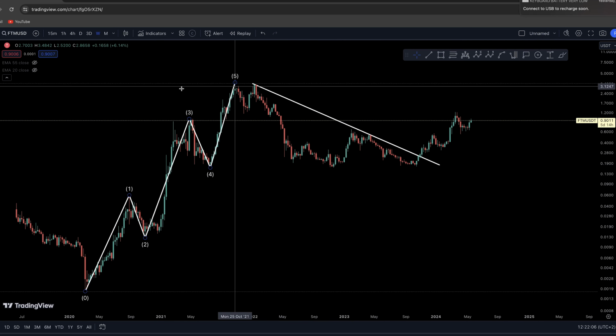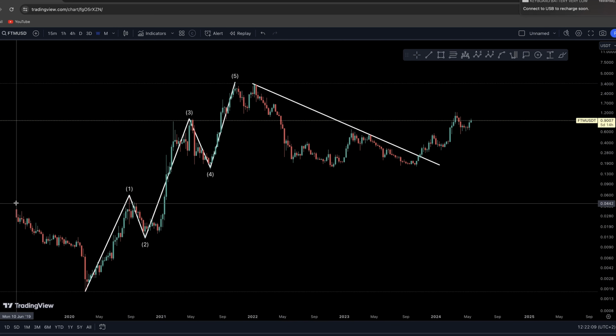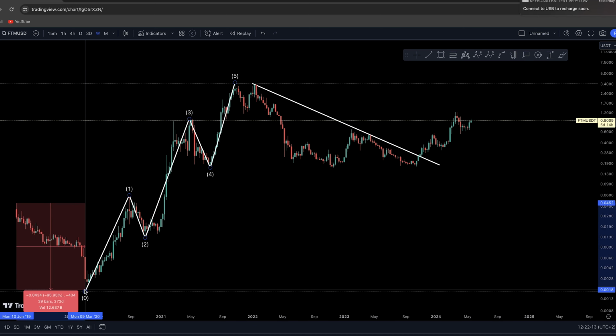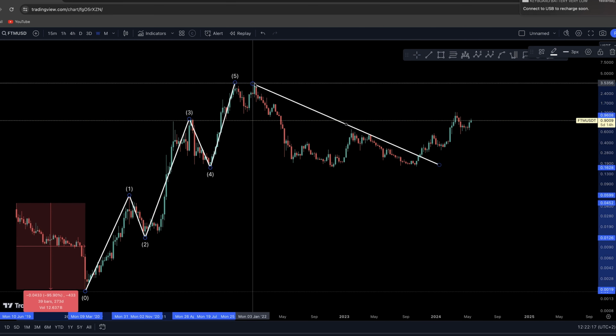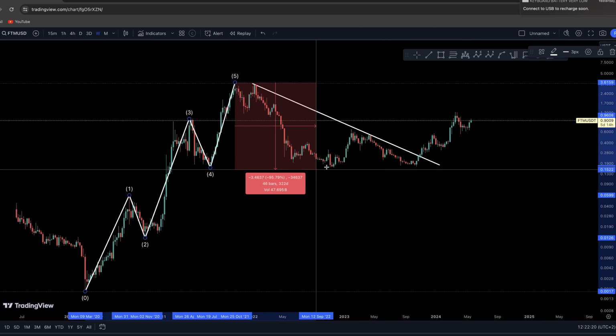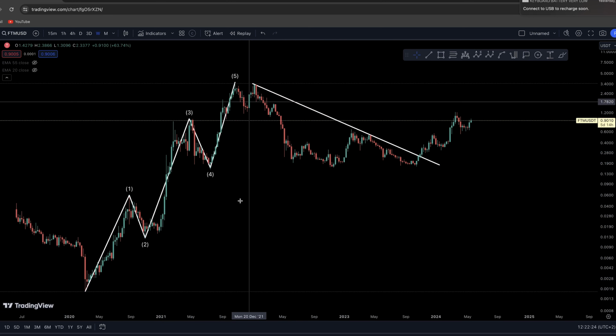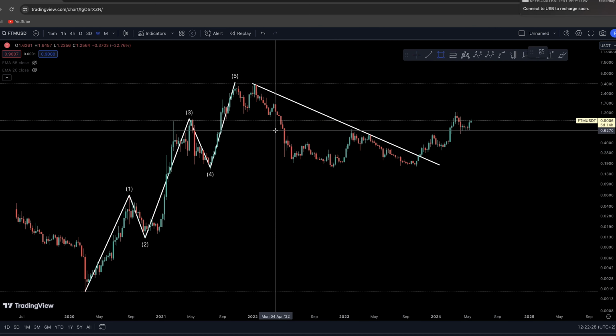Isn't it ironic that it took just under a year, from June 2019 to March, to correct 95%. And from this all-time high to where we bottomed out here, it took just over a year.